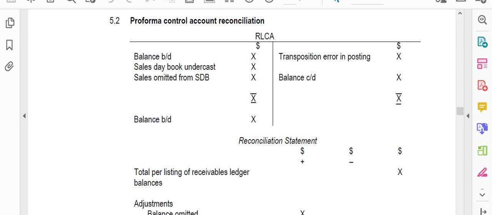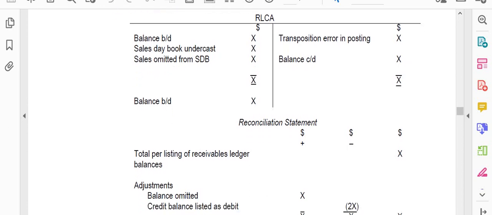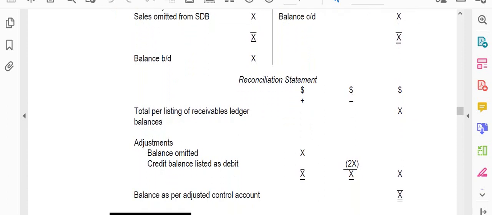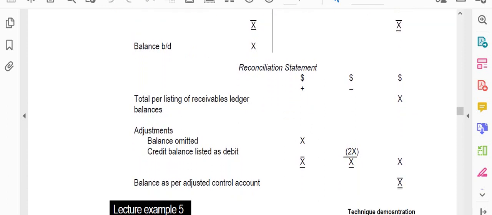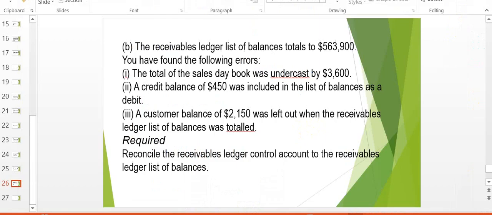I urge you to memorize it. So that's the one we'll be using in this question. Okay, we can proceed with the question.